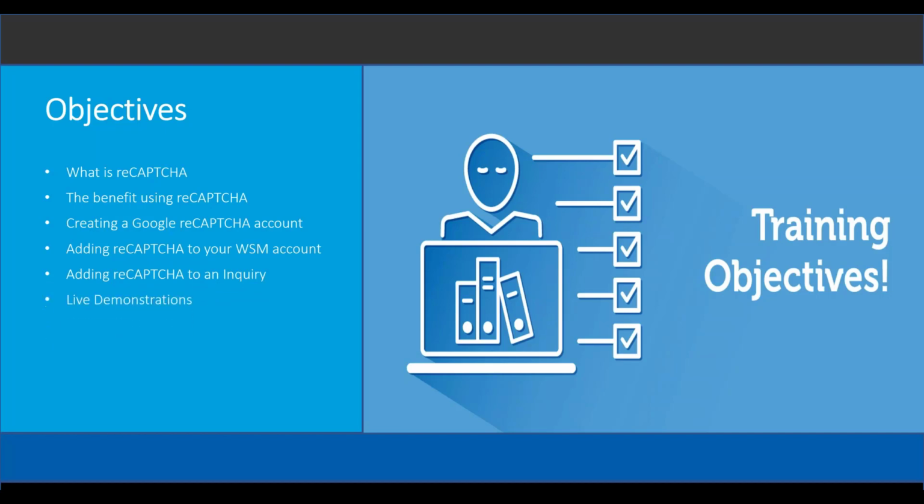Throughout the presentation, we're going to do some live demonstrations as well. During each part of the webinar, I'm going to go from the PowerPoint into it, show you what we're going to go over, and then show you how it's done. Again, any questions whatsoever, please let us know, and we'll answer them as soon as we get to them.